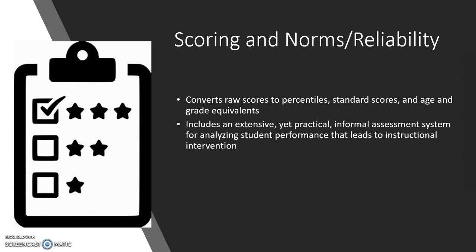The test specifically targets those aspects of reading that are most important for the identification and treatment of poor and disabled readers. So the results are really helpful for teachers and administrators and can really assist them in figuring out how best to intervene.